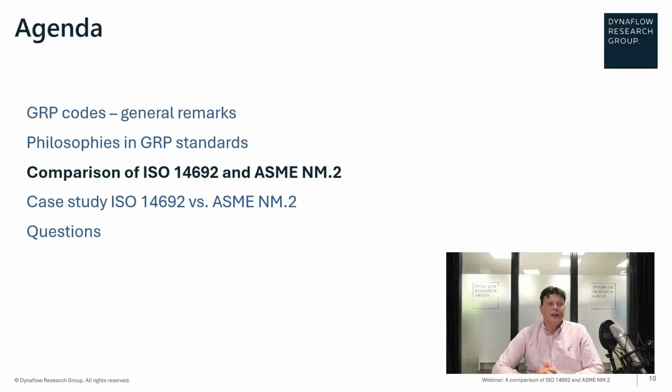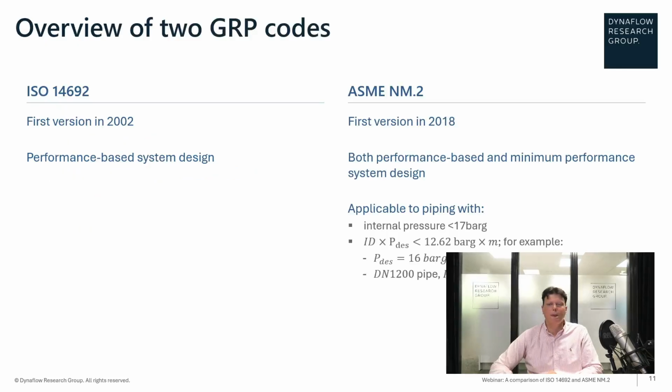So then let's take a look at a comparison of ISO 14692 and ASME NM.2 from this perspective. Quick overview: ISO 14692, the first version came out in 2002, and it's a code for performance-based system design, applicable to onshore, offshore, buried piping, all sorts of fiberglass that are not vessels.